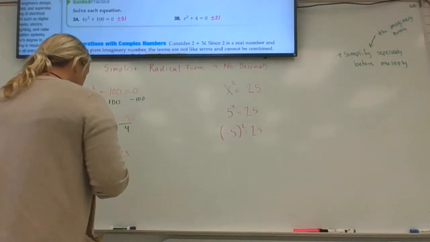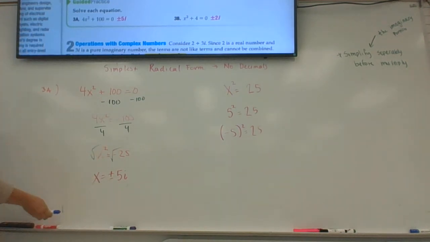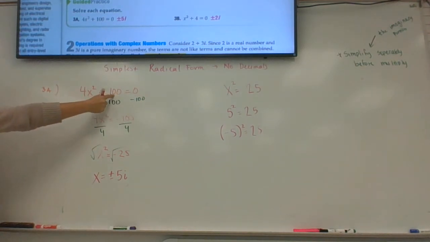Well, because we square rooted a negative. But look, what does this look like? So the y-intercept of this parabola is at 100, right? That's c. The y-intercept is at 100. So if I go by 10, this is 50. This is 100. This parabola looks like this.